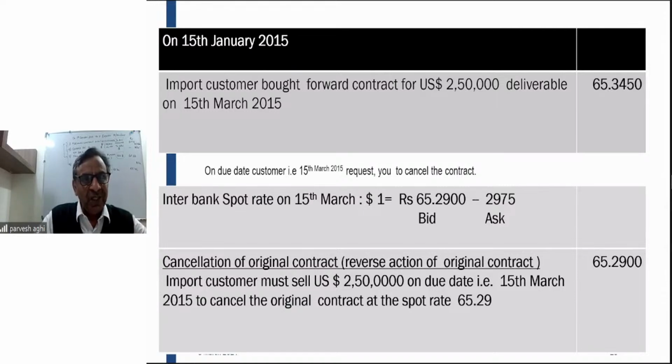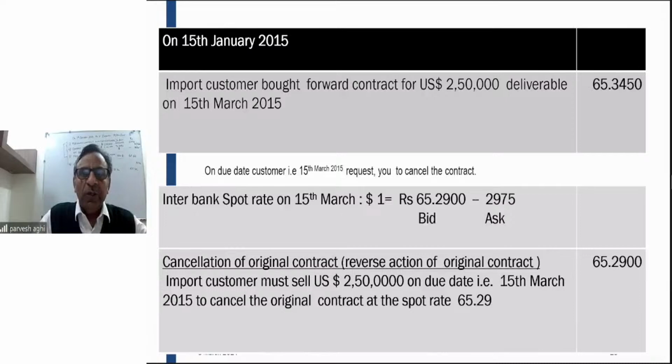So the importer must sell $2,50,000 on the due date, that is 15th of March, to cancel the original contract at the spot rate of 65.29. The bid rate will be applicable because the customer is now going to sell the dollars. First he bought the dollars, now he's going to sell the dollars. This whole process is going to cancel off his forward contract.